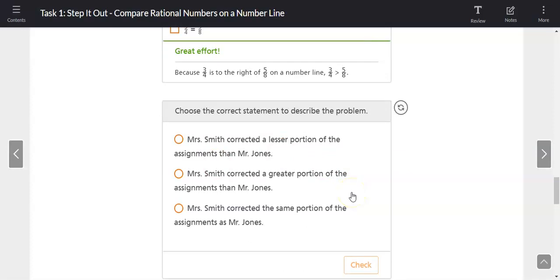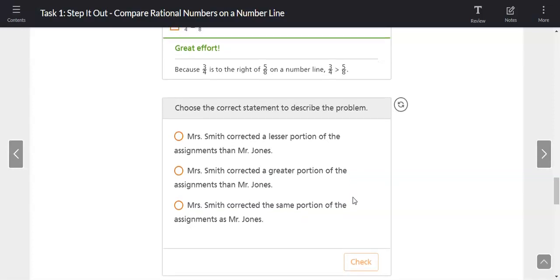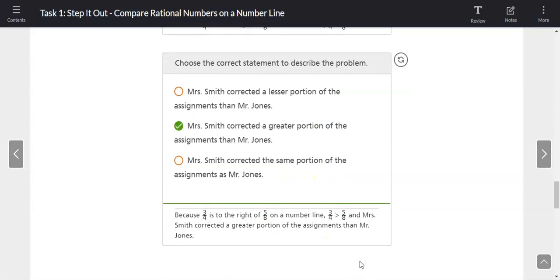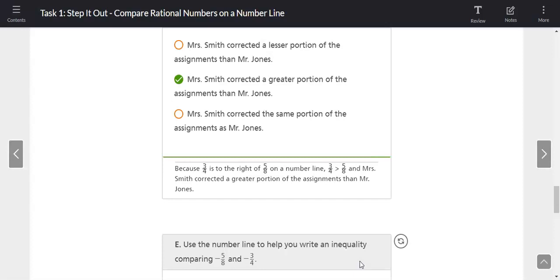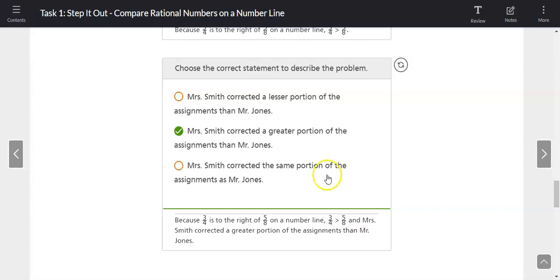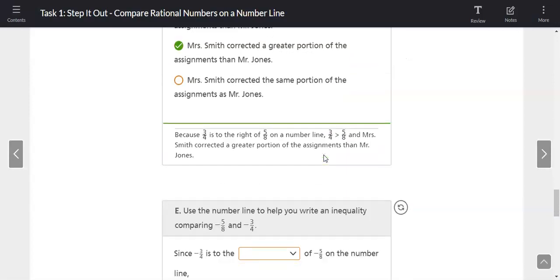Mrs. Smith corrected a lesser portion of the assignments than Mr. Jones. Mrs. Smith corrected a greater portion of assignments than Mr. Jones. Or Mrs. Smith corrected the same portion. Okay, and because we said it was greater up here, we're going to click the greater one right there.